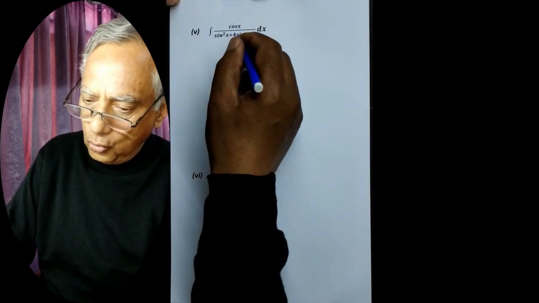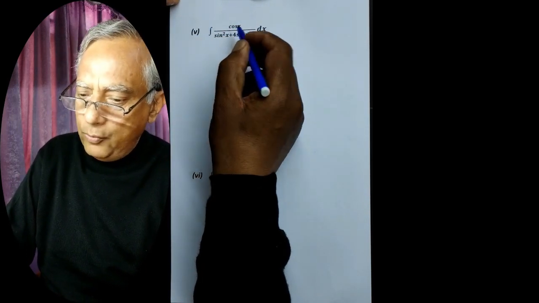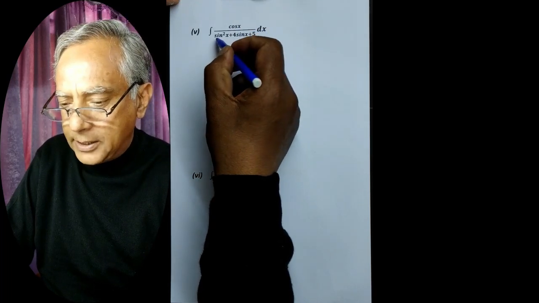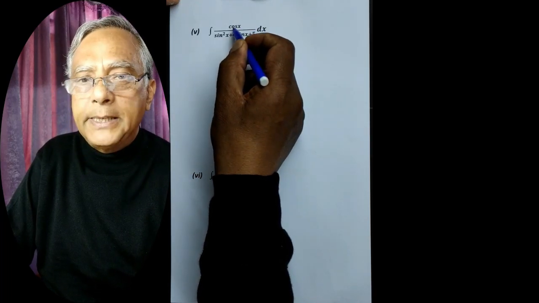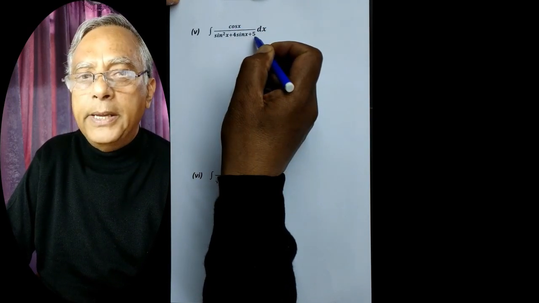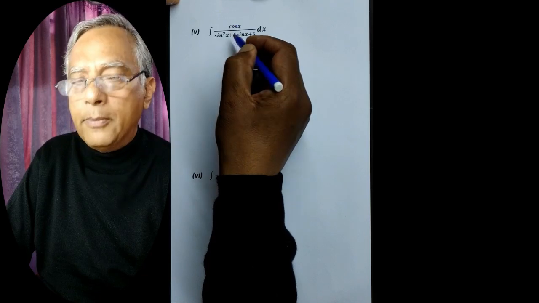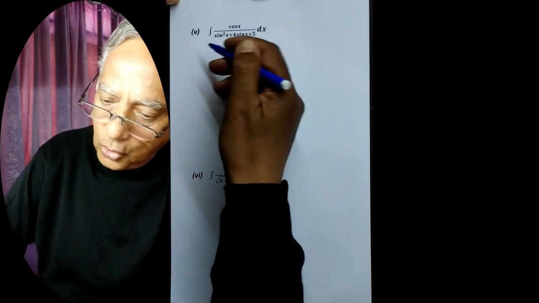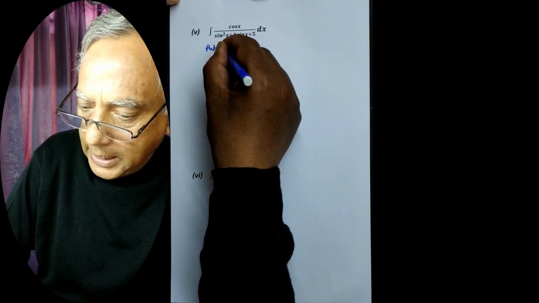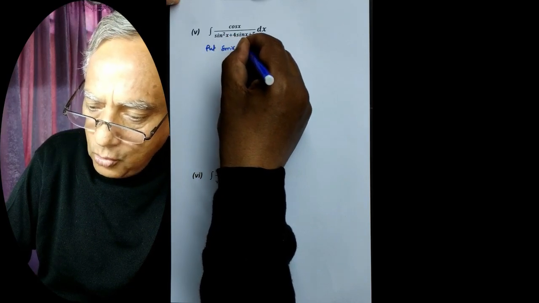So in this question we have cos x in the numerator. So if I put sin x equal to t, cos x dx will be dt. So this will be dt and this will convert into t, and therefore this will be 1 by quadratic. So what we do is put sin x equal to t.